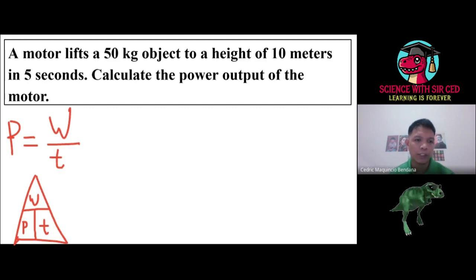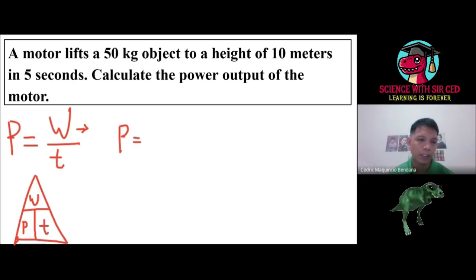How much power do we have? This is the formula of power. There's no other formula for power aside from this. But look at this, this is work. Is there work available in the situation? No, because there are some situations like this where we need to calculate work first before we calculate the power.